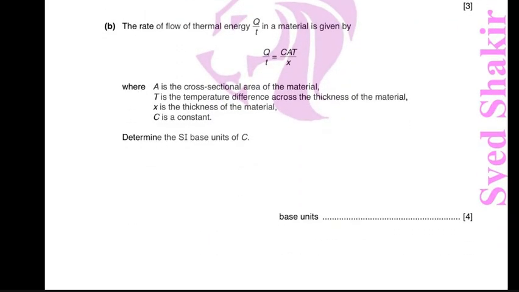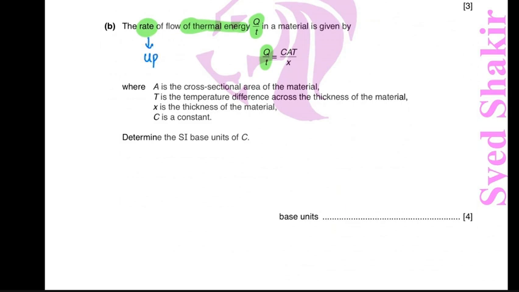Now, here's an interesting question, a little tricky, not that much. It's Q upon t equals kAT upon x. Now, what is Q upon t? It's the rate of thermal energy. What does rate mean?